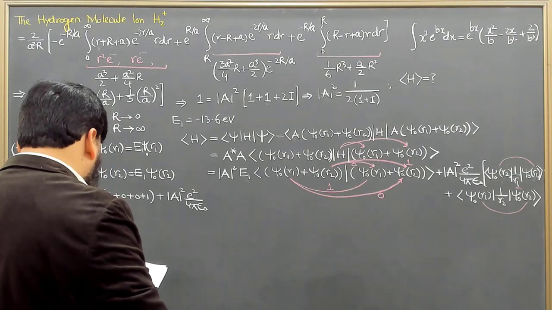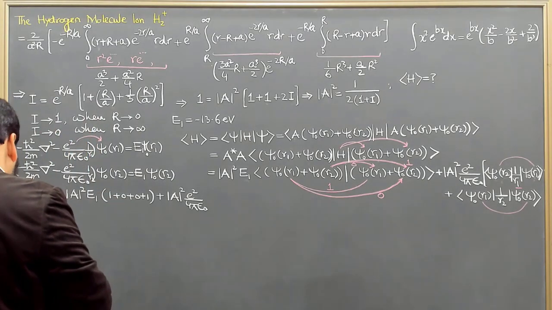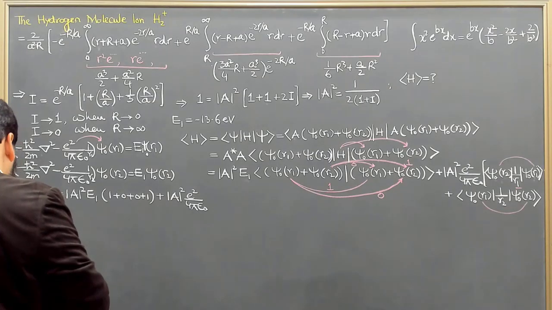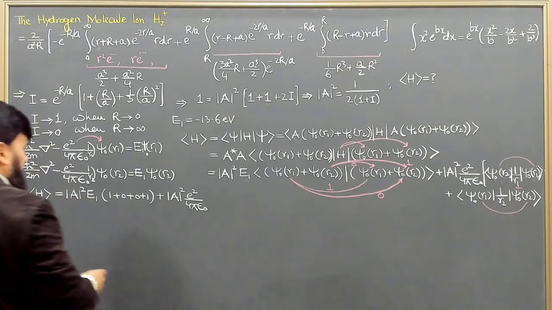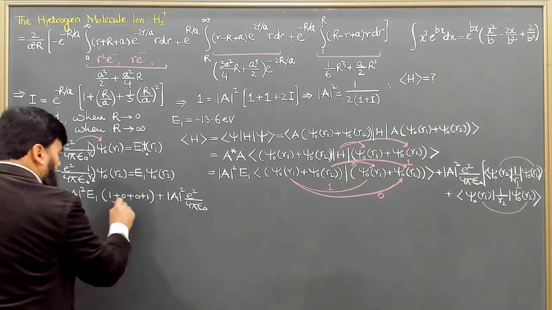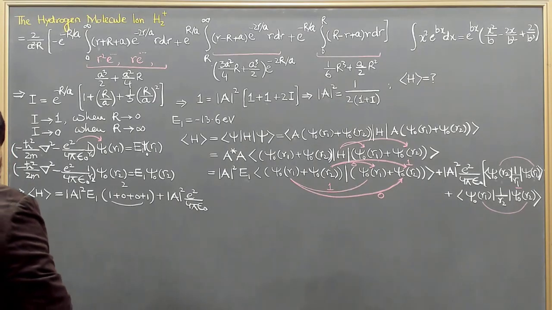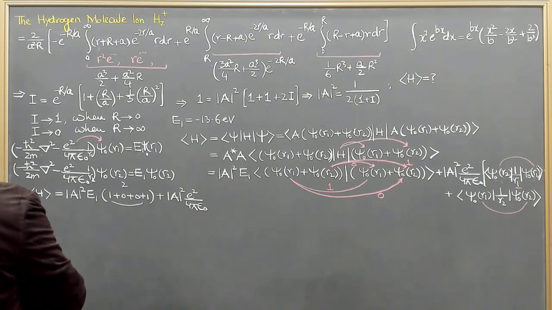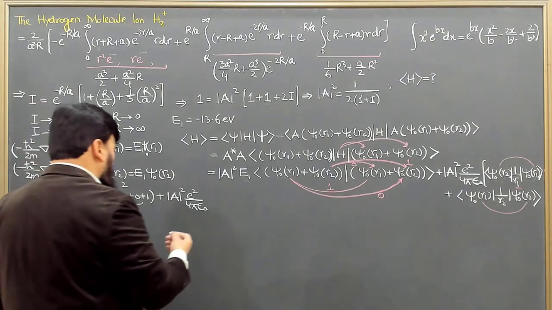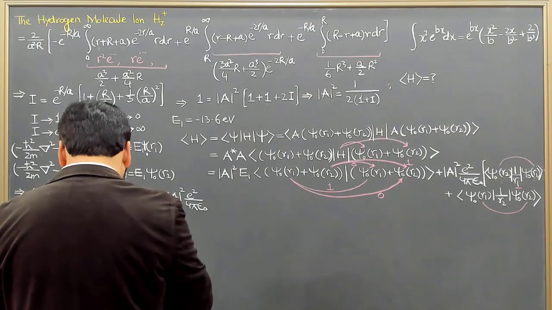So finally I can write that H and this E1 is equal to, this will result in 2, because 1 plus 0 plus 0 plus 1 is equal to 2 here. So we are having 2a square E1. First write this one.